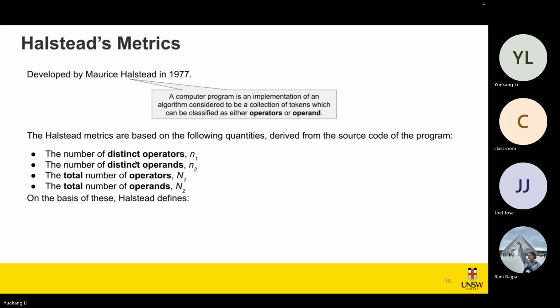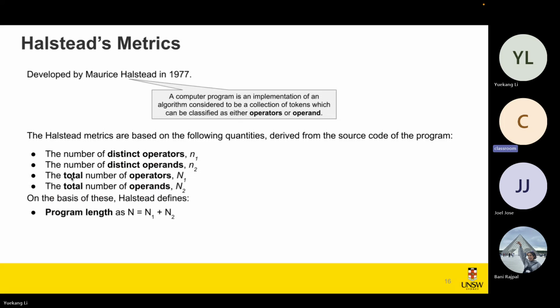Based on these, we have several metrics for measuring the complexity or the size of the code. The first one is program length. Program length is the total number of operators and operands, so we just calculate uppercase N1 plus uppercase N2.